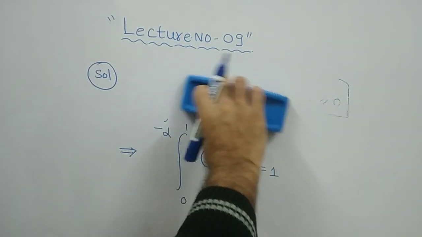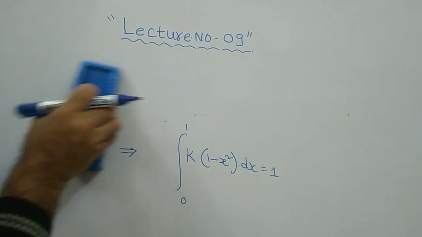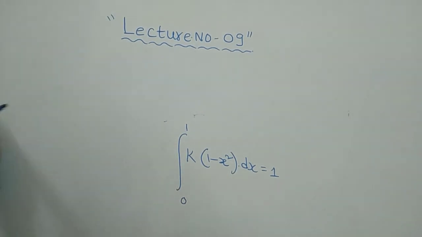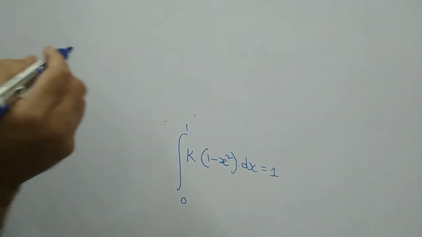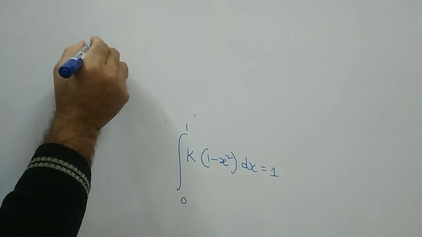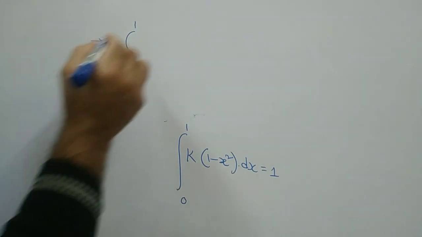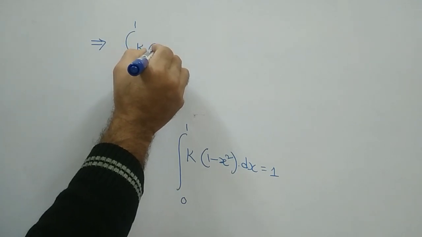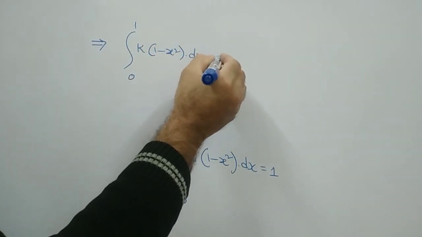What is the next step? This implies the integral from 0 to 1 of k into 1 minus x square dx is equal to 1.